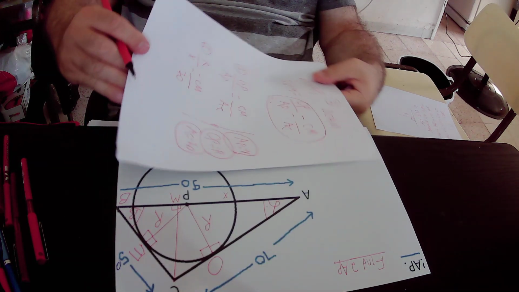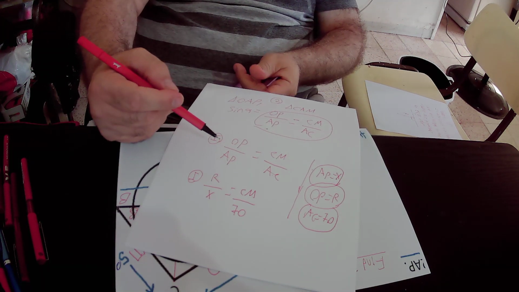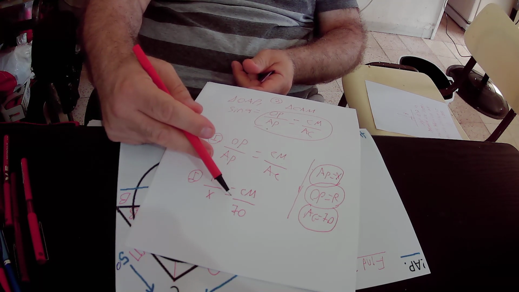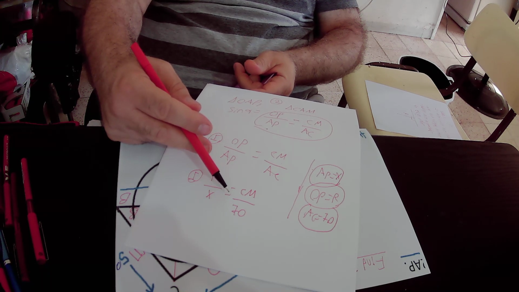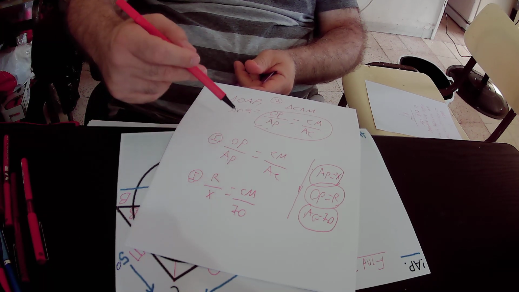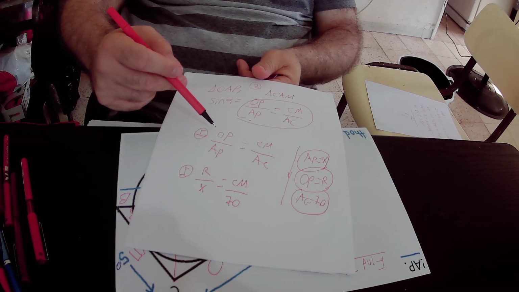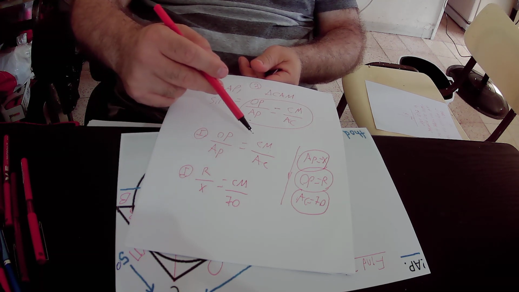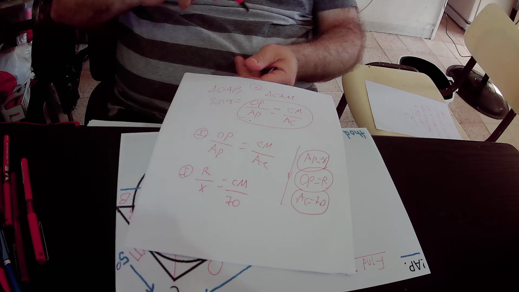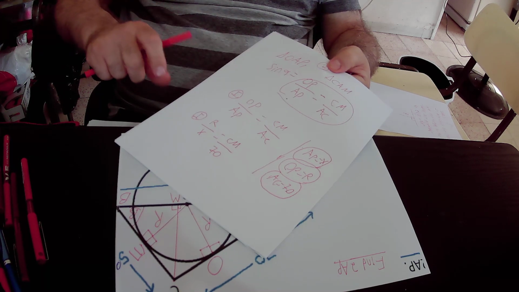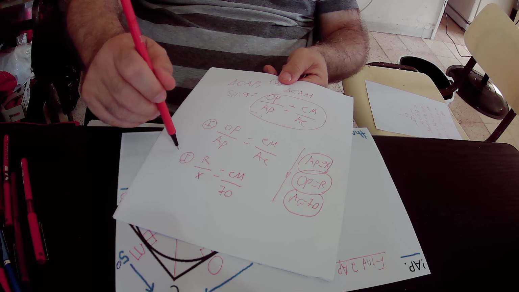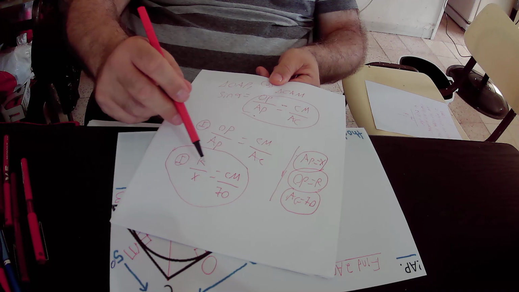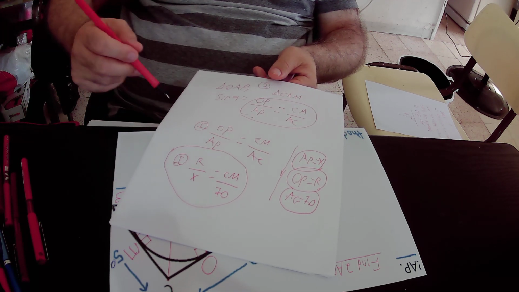Okay, so we got that R over X equals CM over 70.